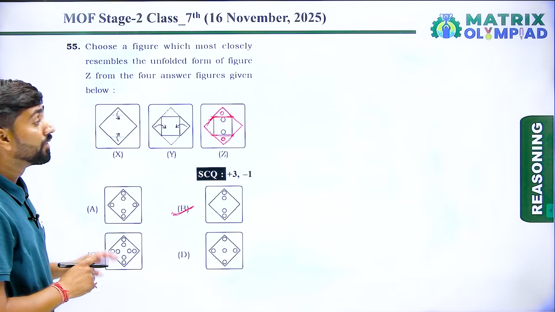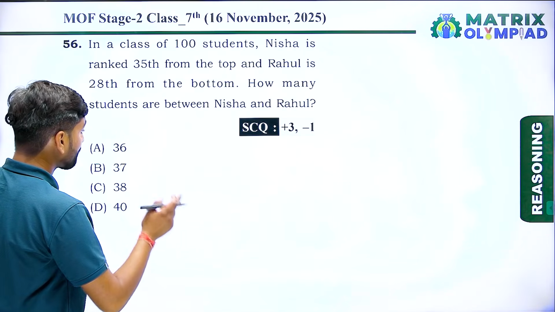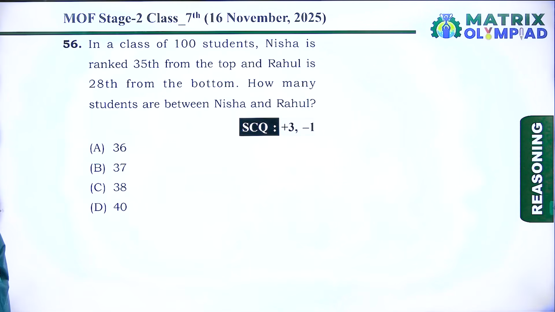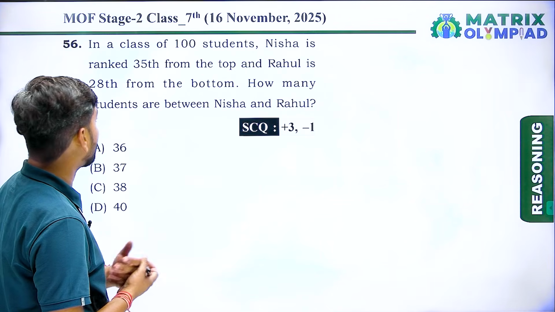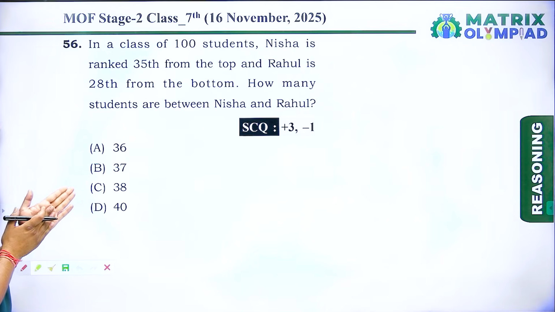Now let's move forward to the next question. It states that in a class of 100 students, Nisha is ranked 35th from the top and Rahul is 28th from the bottom.